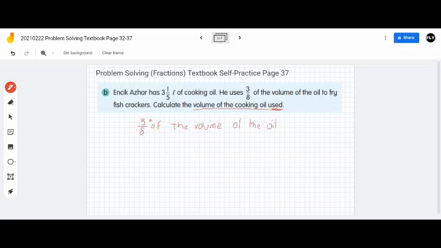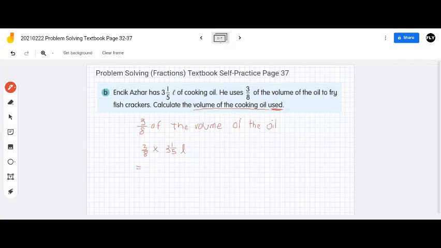In fractions, the concept of "of" means multiply. So 3/8 times the volume of the oil. How much volume does Encik Azhar have? He has 3 1/5 liter. So you have to write 3 1/5 liter. Now you have a mathematical sentence. You will have to solve it.